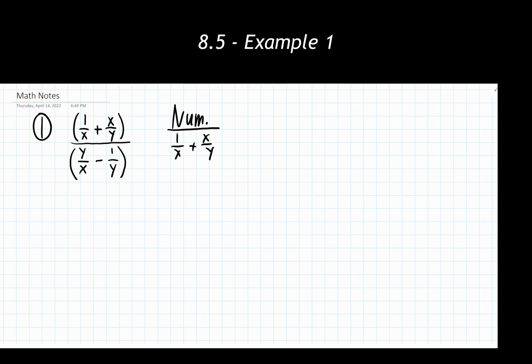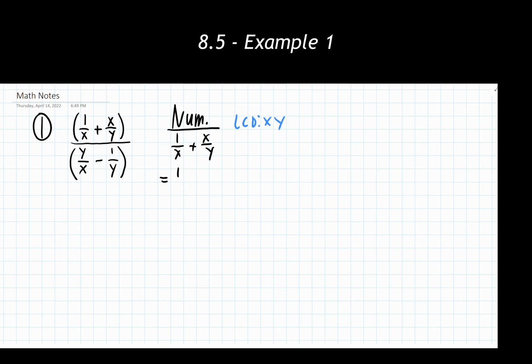So looking at our first numerator, I have 1 over x plus x over y. I'm adding two fractions together. This is the 8.3 and 8.4 material. So I need to find the lowest common denominator between these two fractions, and that denominator is going to be xy.